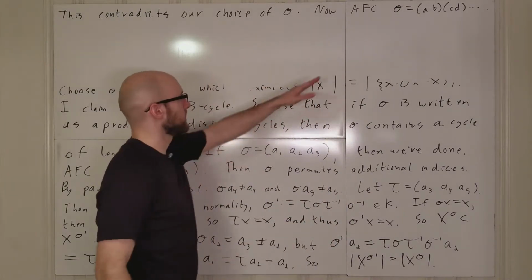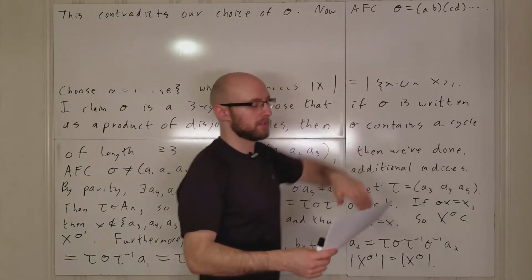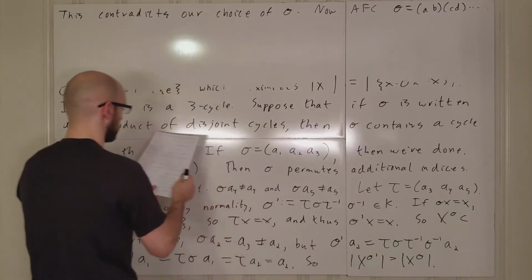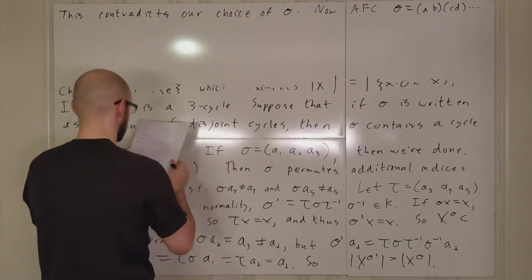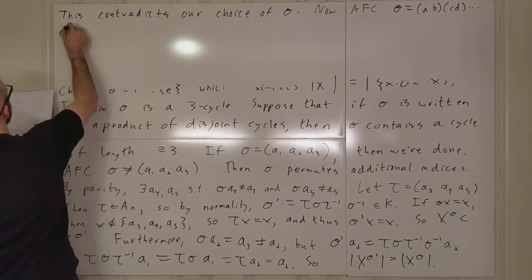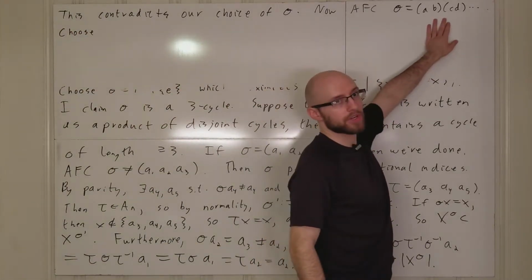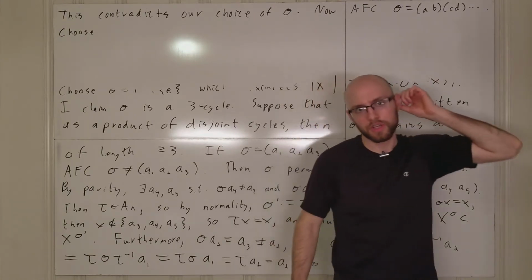Remember, this is writing sigma disjointly. So let's assume for contradiction that sigma is a product of disjoint transpositions. Certainly it must contain at least 2 transpositions, because if it were just 1, then it would not be an even permutation.